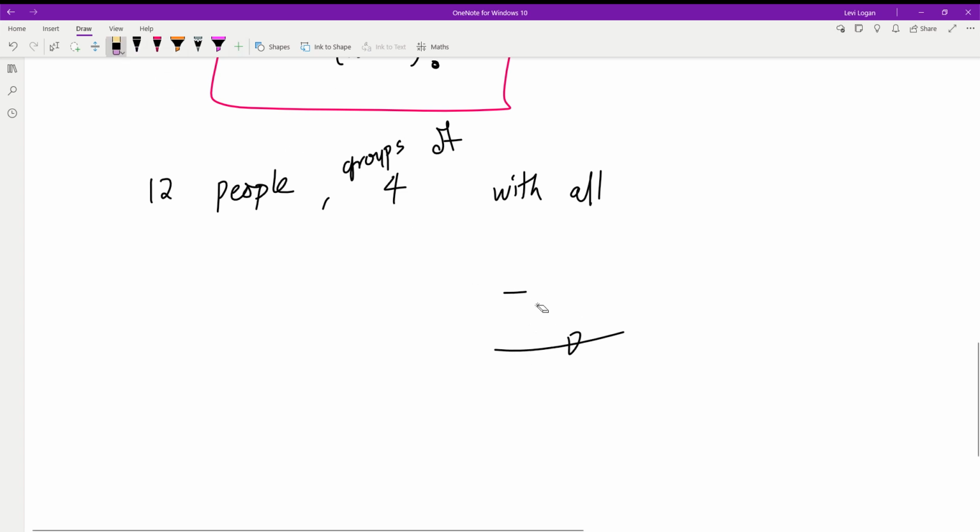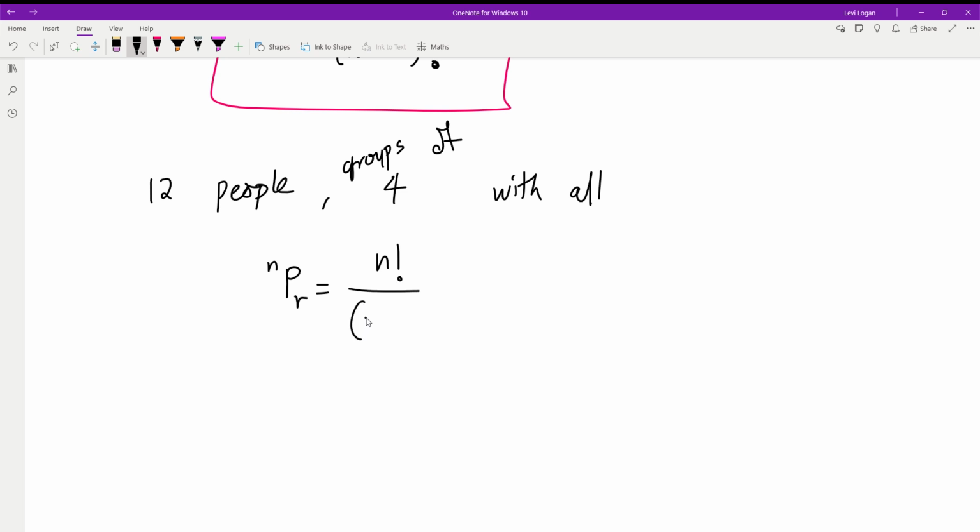So if we had it here, alright, we'd write out our formula, nPr, and we have n factorial over n minus r factorial. So we have 12 people, so we're going to go 12P4, 12 factorial on 12 minus 4 is 8, so 8 factorial.